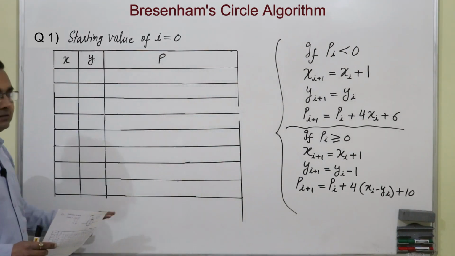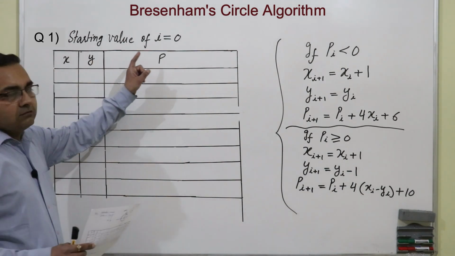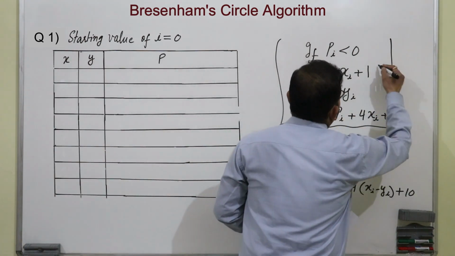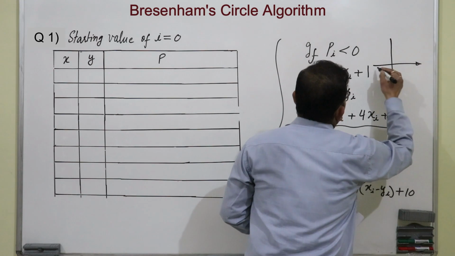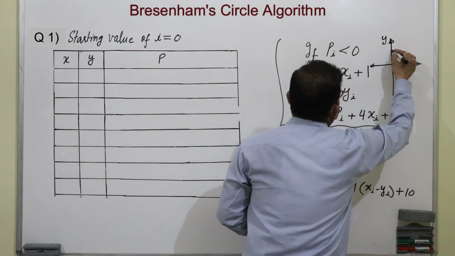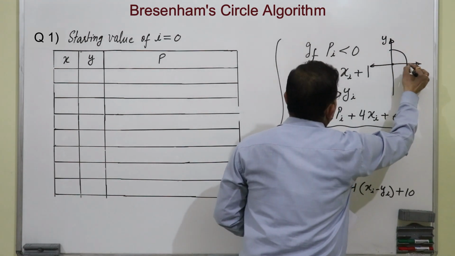So, this is a table in which these are the coordinates x, y, and we have to calculate p. This is the x axis, this is the y axis, and it is the center, and this is the circle.